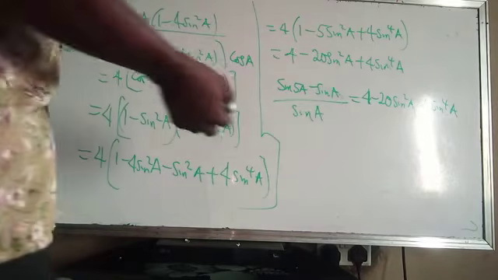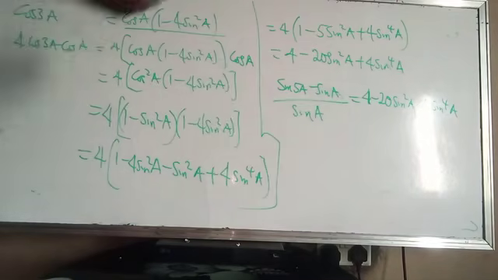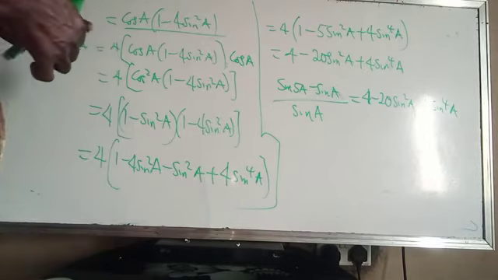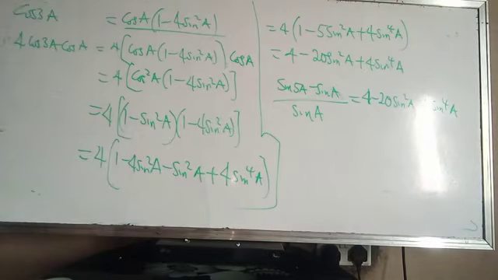Now what next? The next thing for us to do is to multiply, because our target is to get sine 5A equals to something.